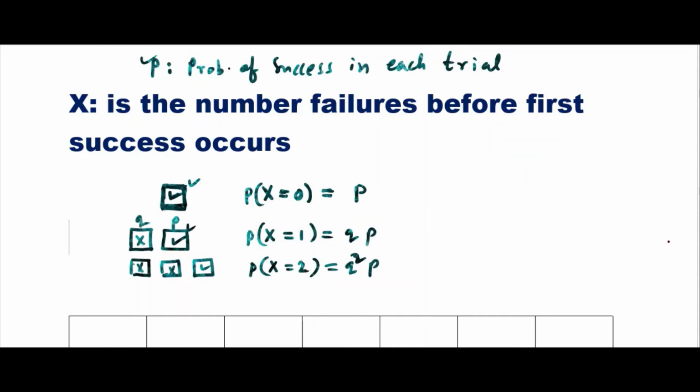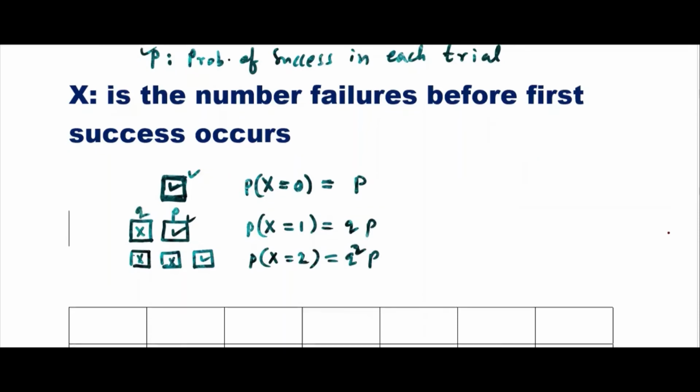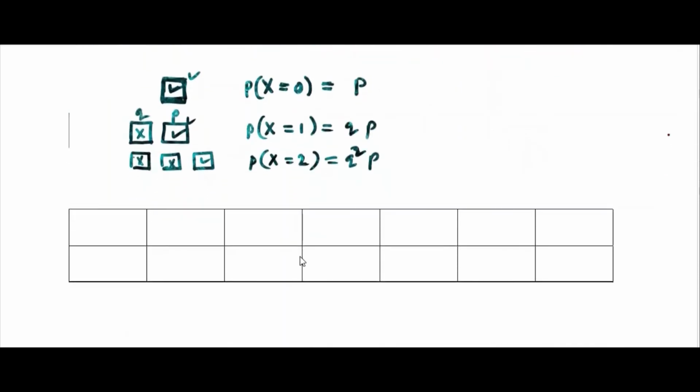Okay. So if you write the probability distribution here, you will get x, probability x is equal to x. You start writing from 0 here, 1, 2, 3. It will continue though. The trials will continue, and the probabilities also have to be written.